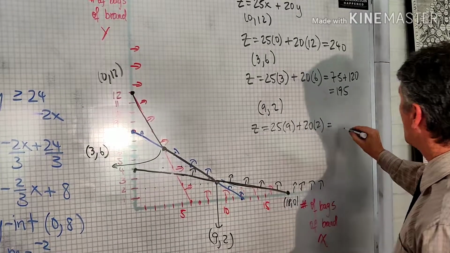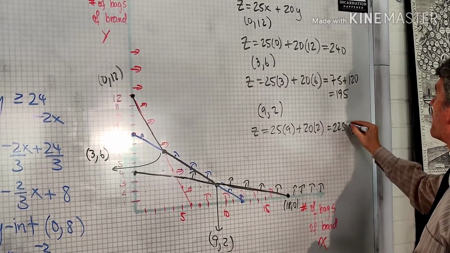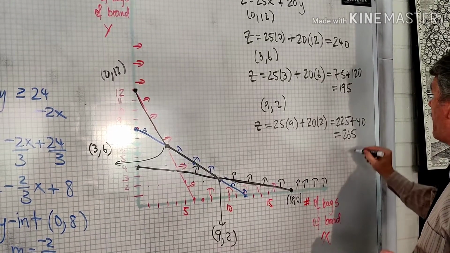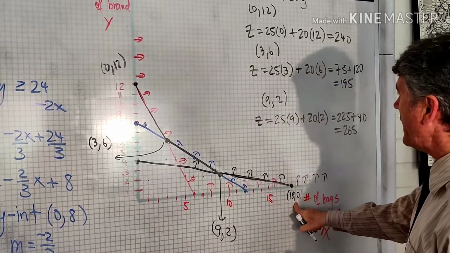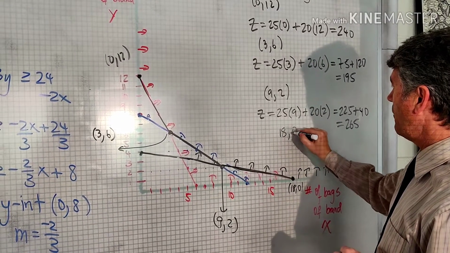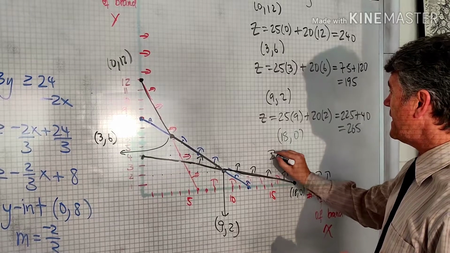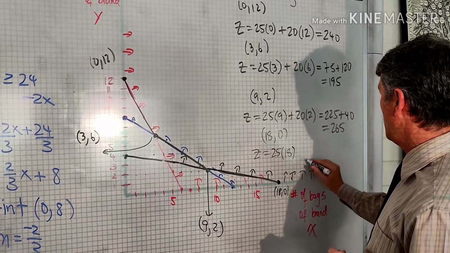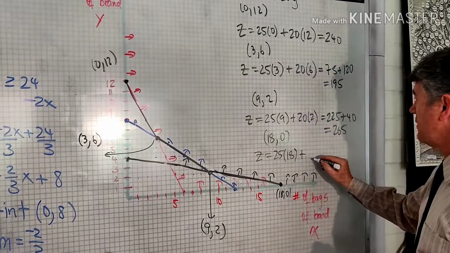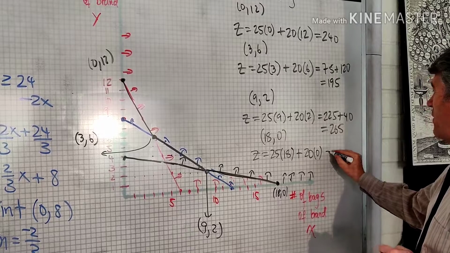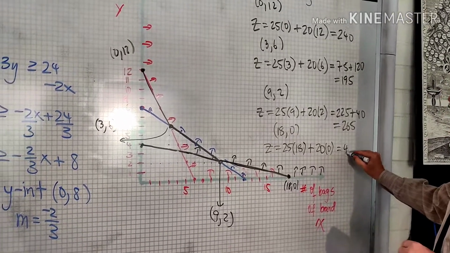We have 225 plus 40, which is 265. And last, we have (18, 0). z is equal to 25 times 18 plus 20 times 0, this is 450.